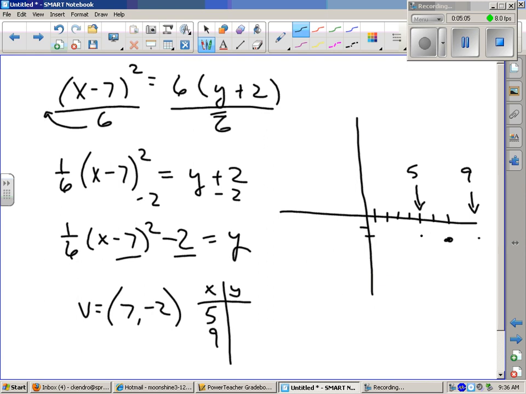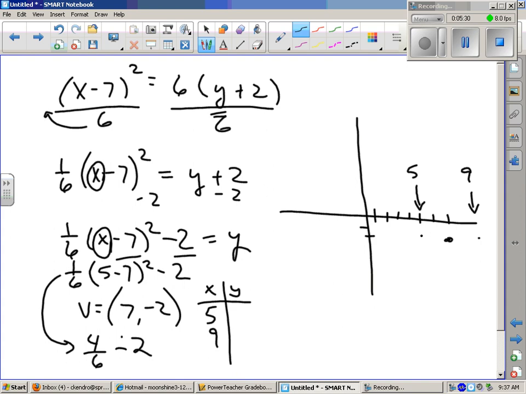If I put a 5 in for the x, actually I'll do it on this one because it's all moved over, I'll get 1/6 times (5 minus 7) squared minus 2. 5 minus 7 is -2, squared is 4, so I've got 4/6 minus 2. So I can make this 2/3 minus 6/3, so 2/3 minus 6/3 is -4/3.